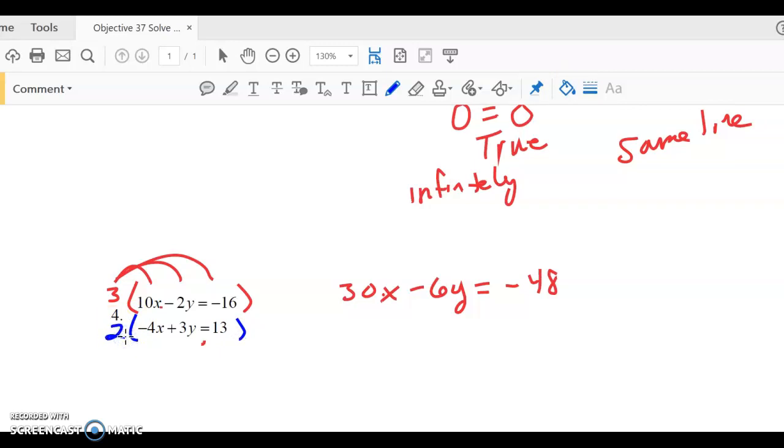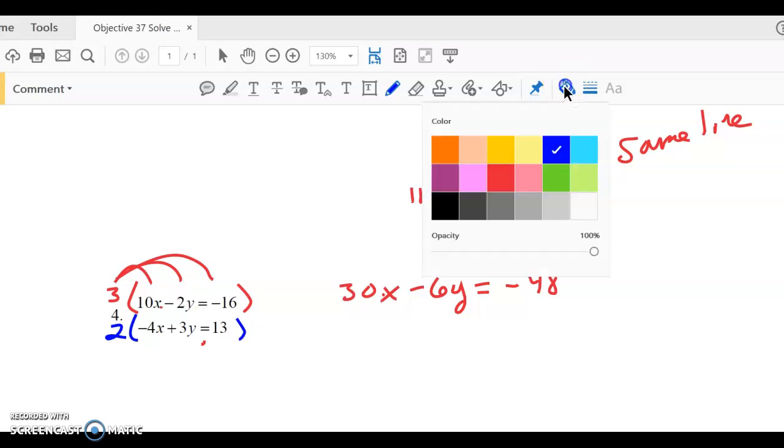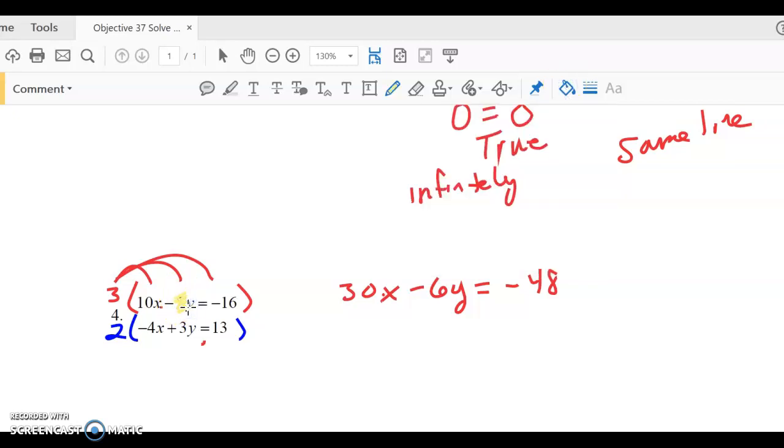The reason I chose positive 3 and positive 2 is because I want my variables to be opposites. In the top equation I had a negative there, and in the bottom equation I had a positive. So I wanted these signs to stay the way they were. That's why I did that.